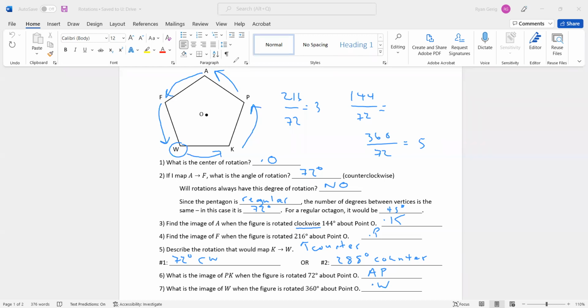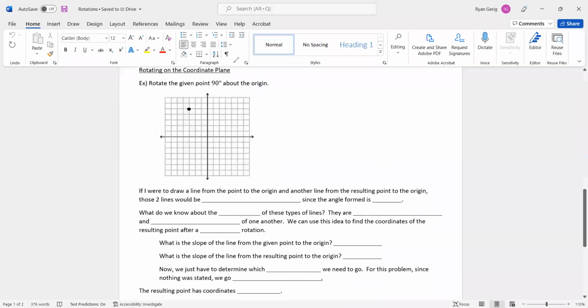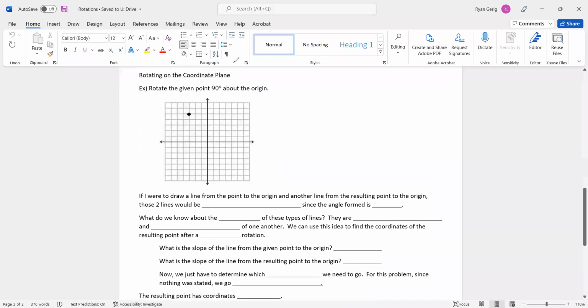One other thing with rotations, and this is a little bit challenging, rotating on the coordinate plane. All right, so rotate the given point 90 degrees about the origin. Now, how do I do that? If I were to draw a line from the point to the origin, go ahead and do that. So the origin again is the center.